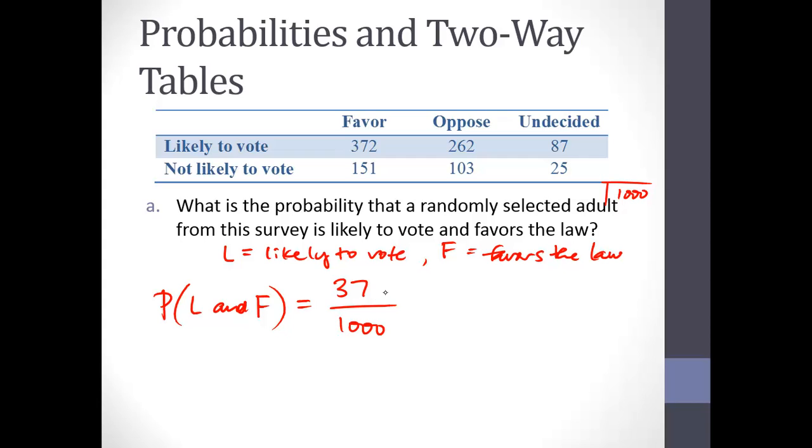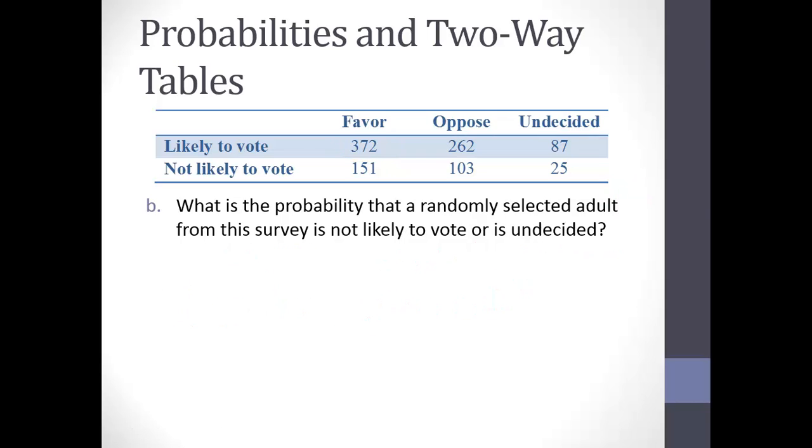Just like before when we talked about a percentage, now we're talking about a probability. We just find all those people in our table who are in the likely to vote row and in the favor column. So we could write out that it's 0.372.